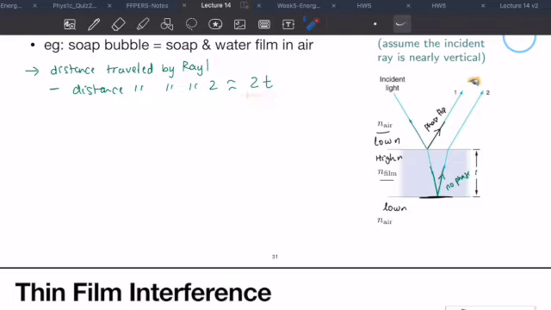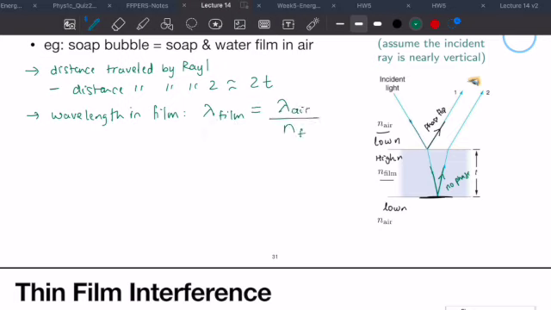Then we need to ask ourselves, when the wave is traveling in here, its wavelength is different. So let's go ahead and write wavelength in film. And wavelength in film, as we saw not too long ago, is wavelength in air divided by the index of refraction of the film.